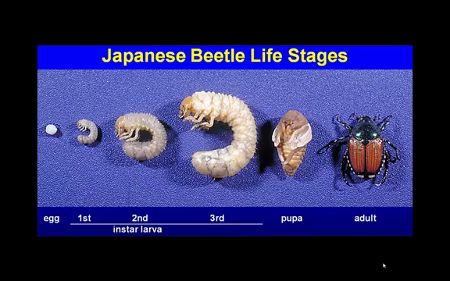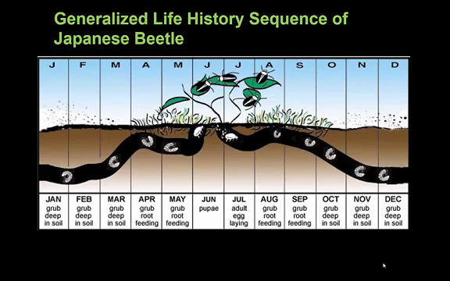Again, the life cycle of Japanese beetle is typical in the broad sense of all those other kinds of white grubs, with eggs, 3 larval stages, a pupal stage, and ultimate adult. And like the previous one we just discussed, the masked chafers, they have an annual life cycle. So it's going to be completed in a single year with a new generation produced each year.